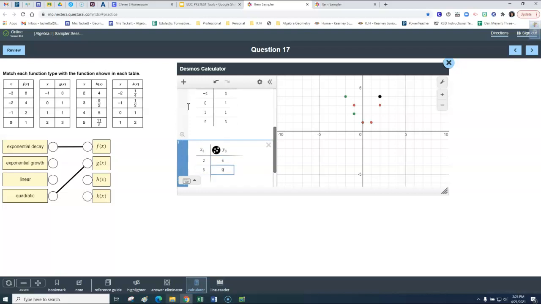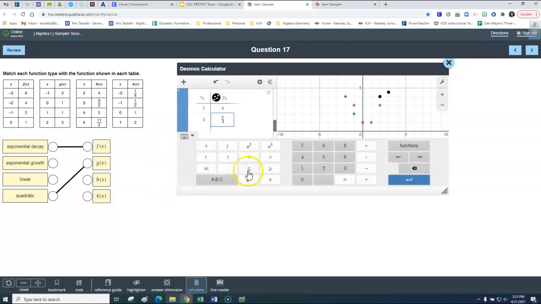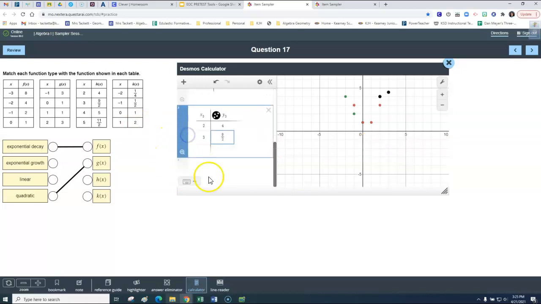So you can actually use the division sign, and that's totally fine, or the backslash, that's totally fine. You don't have to actually bring up your division here, okay, but you could. So then the next point would be 4, 5, and finally 5 and 11/2.